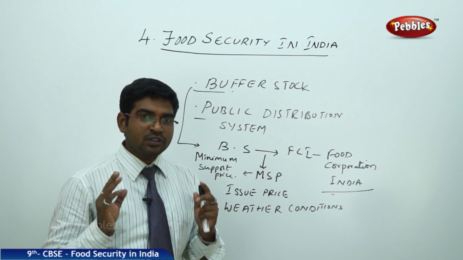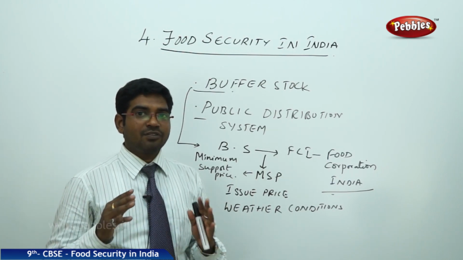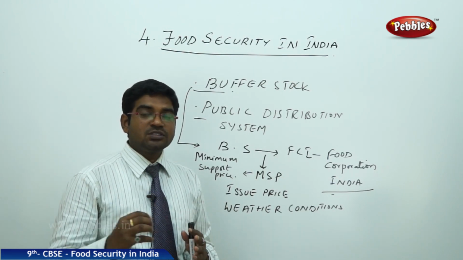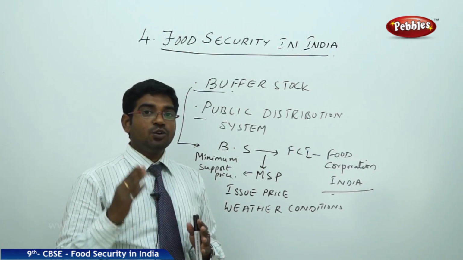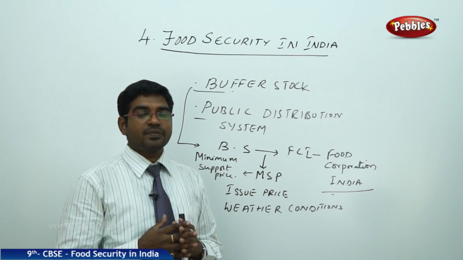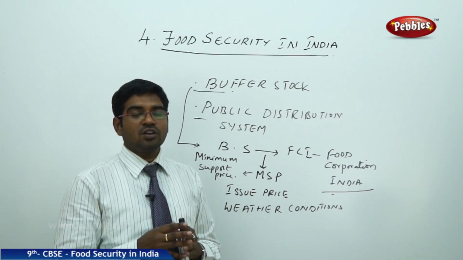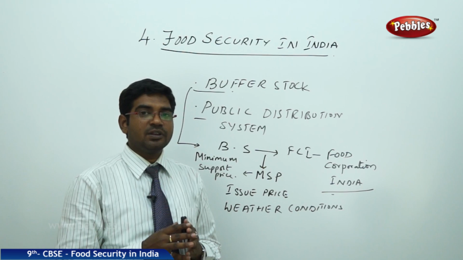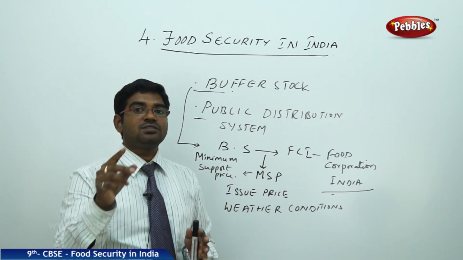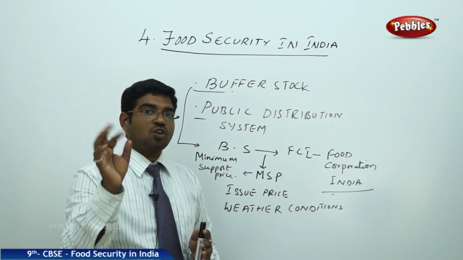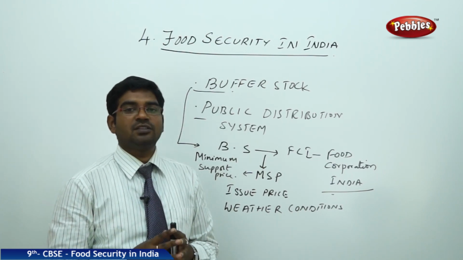India always maintains a buffer stock as a safety method, so that during natural calamities or any disaster, if below poverty line people are not able to afford food, the government sells to them at very low cost compared to the market price.